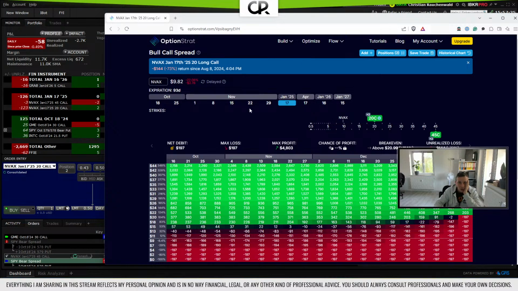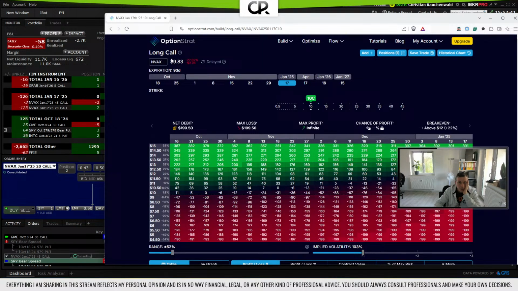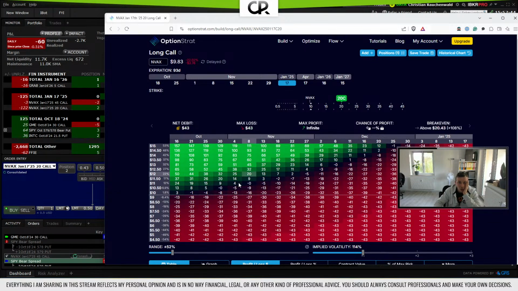We would need to look at the long call, Novavax, $20, January. We see that right now that call would be $43, and we could then buy one more. But would that still be $30 minus 30? So we can still do the same play.